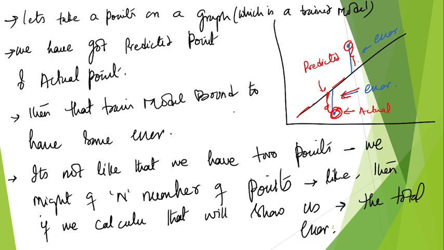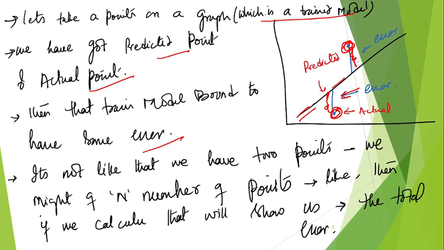We have already trained a data set, and that trained data is supposed to have some error. And how do you calculate it? This is our trained data, and these are our actual output points, so there should be an error. We got predicted points and actual points that have already been trained, and a trained model is bound to have some error.